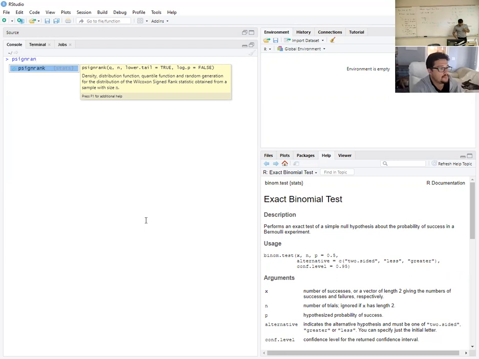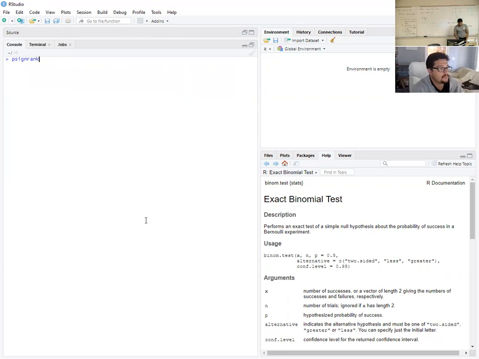Now, let's just say n is 5. Yes, if n is 5, the sum of all the ranks would be 15. So the maximum number that you can get is 15. So psignrank of 10, 5, sorry, it's 5, my bad.